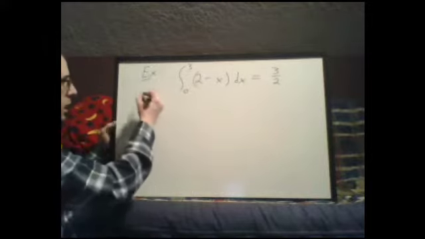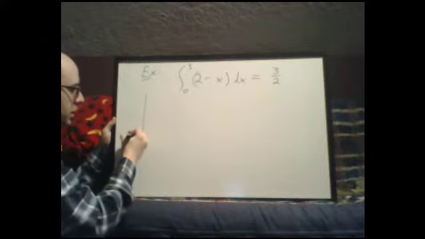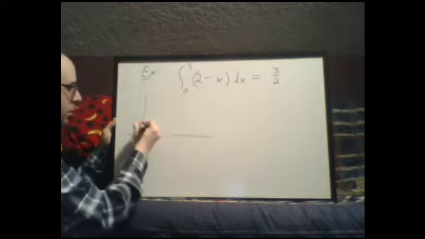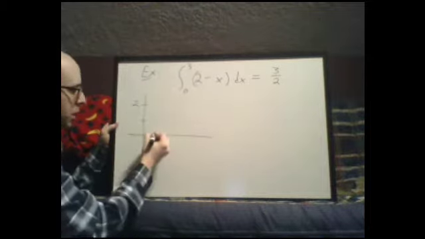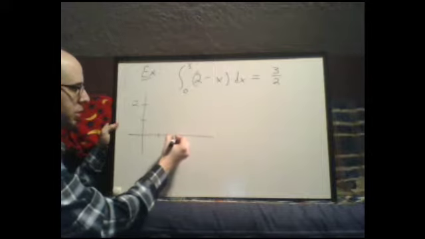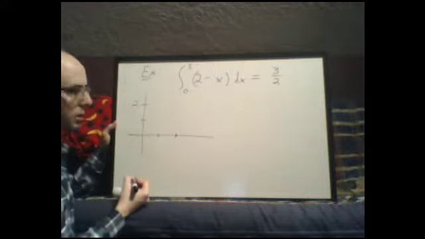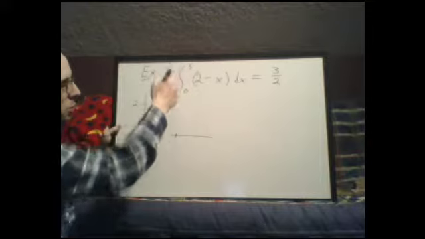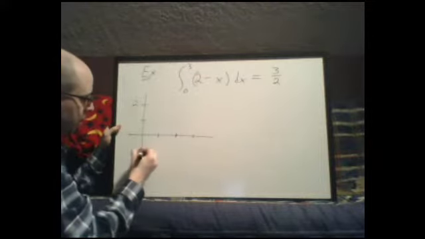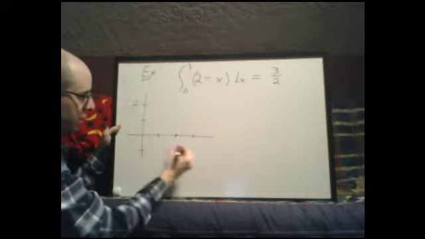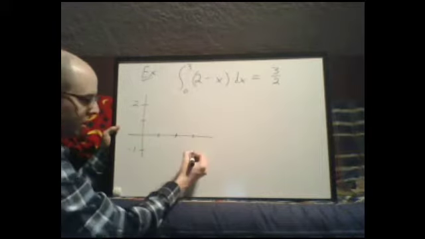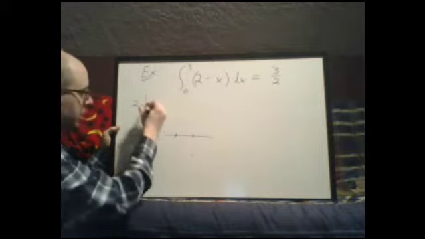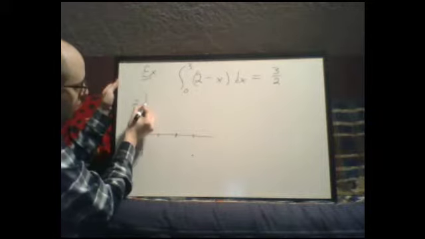So 2 minus x. That's a line with y-intercept 2 and slope negative 1. So at x equals 2, we're on the x-axis. But we're going from 0 to 3, so we need to go out to 3 here. At x equals 3, 2 minus 3 is negative 1. So our final point is down here. So our graph looks like this.